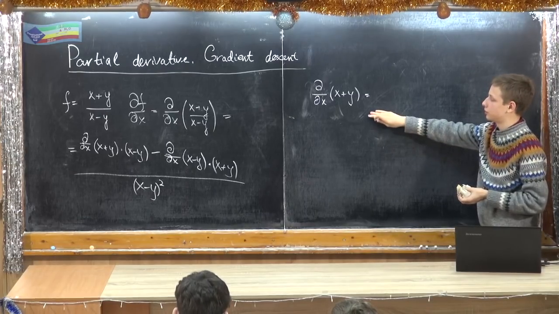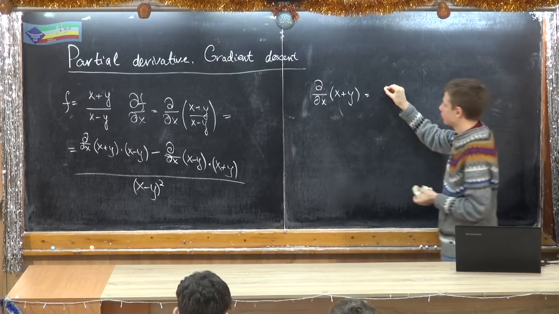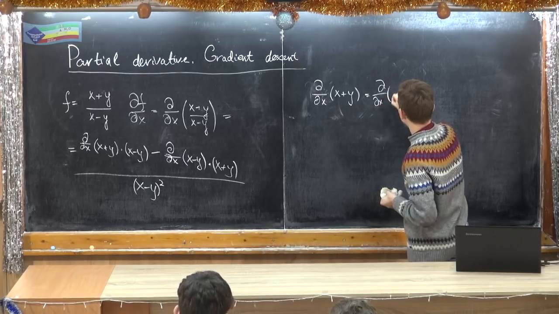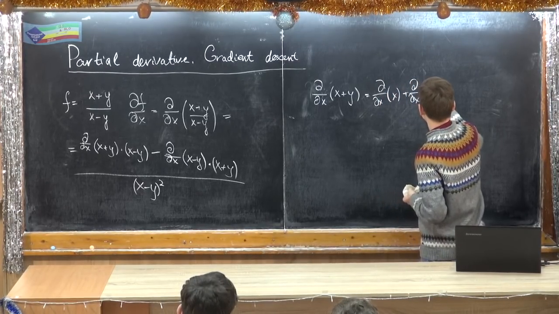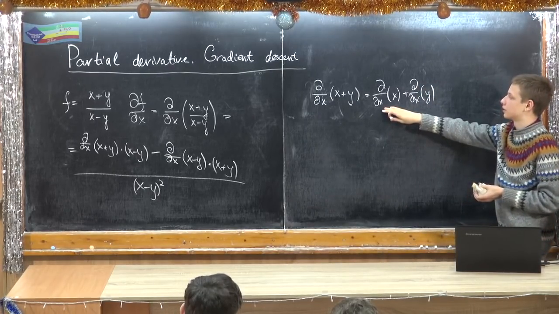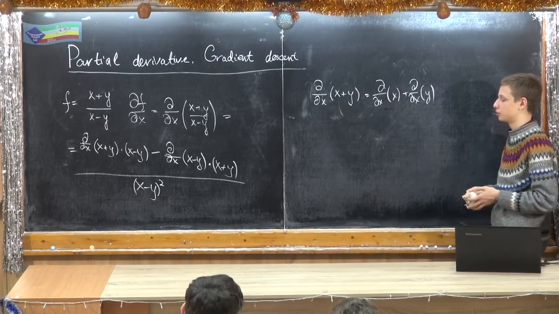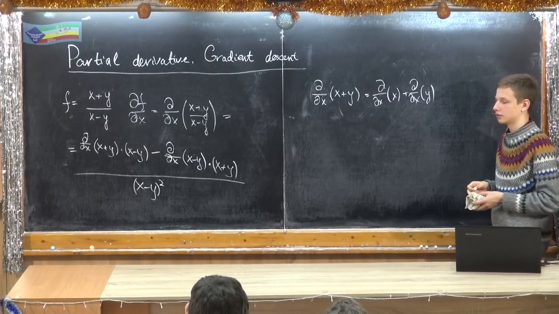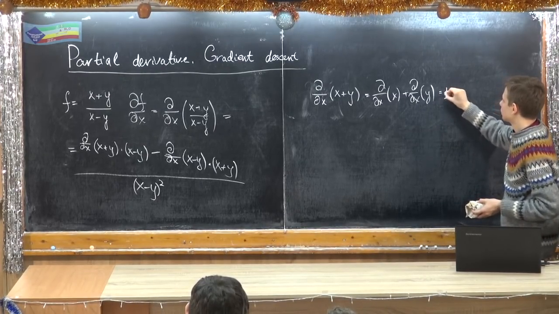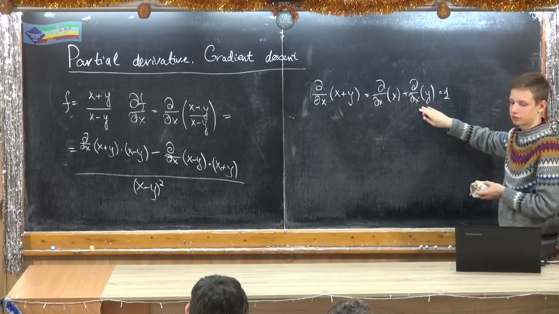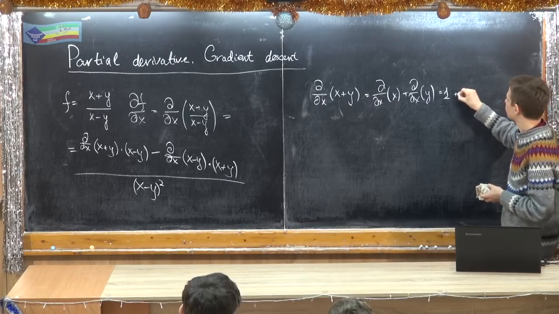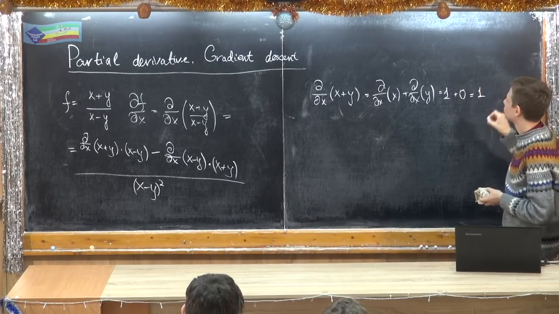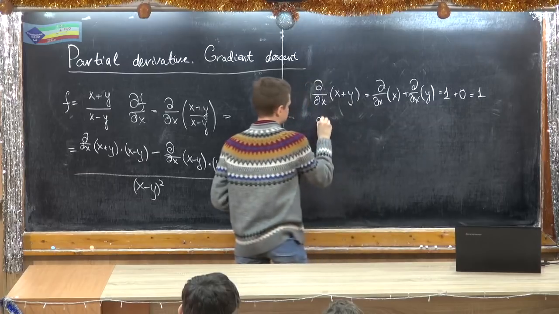Again, we can use the rule of differentiation of a sum. And as you remember, it's equal to 1, because the derivative of x is equal to 1, and the derivative of y is equal to 0. So 1.